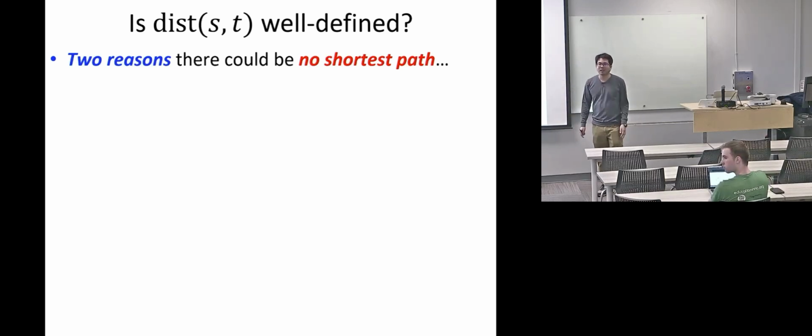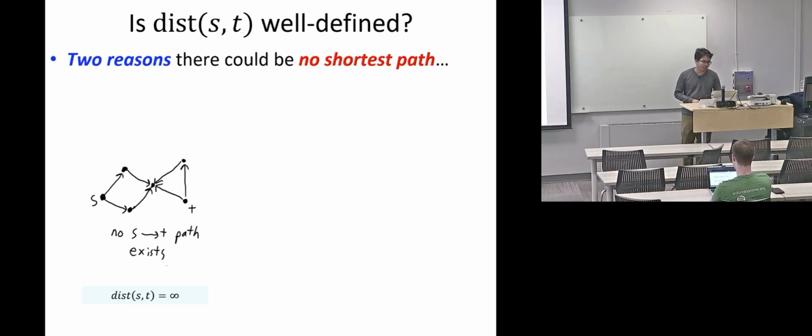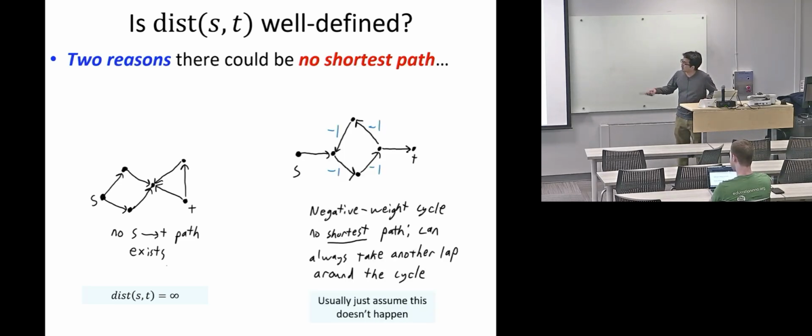How about another one? Or there's a negative cycle. Right. If there is a negative cycle, you might loop through it again and again and keep reducing the distance, so this time it's negative infinity. So those are the two reasons: either there is no directed path from S to T at all, or there is a negative cycle on a path from S to T.